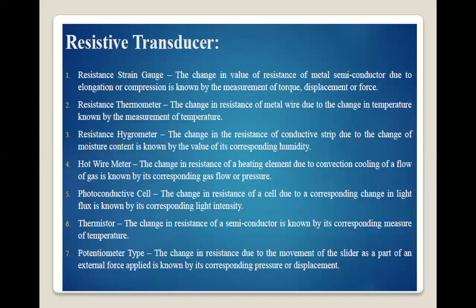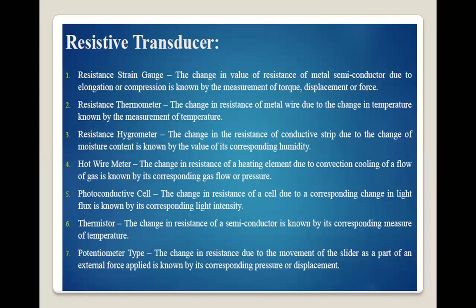Okay. Next, the applications of the resistive transducer. First, the resistive strain gauge. In a strain gauge, the change in the value of resistance of a metal or semiconductor due to elongation or compression is used for the measurement of torque, displacement, or force. That means the resistance strain gauge is based on the principle of the resistive transducer.